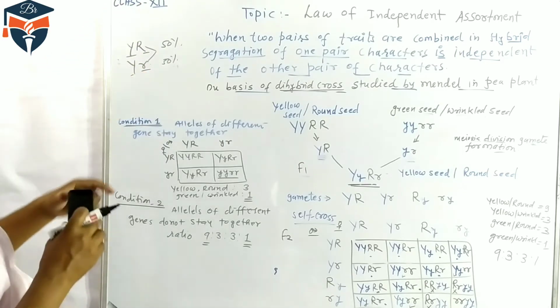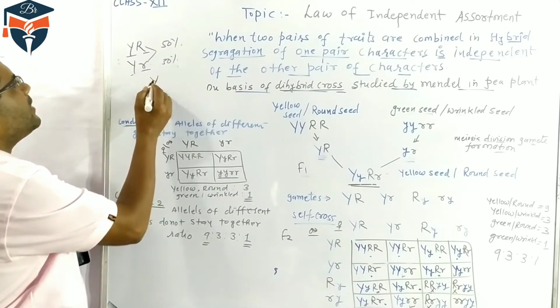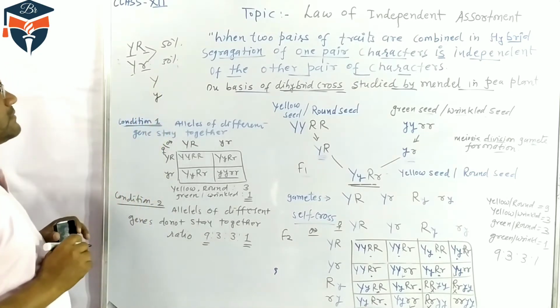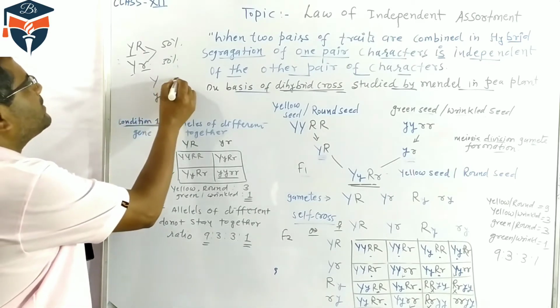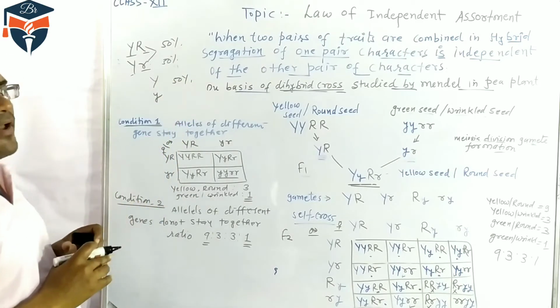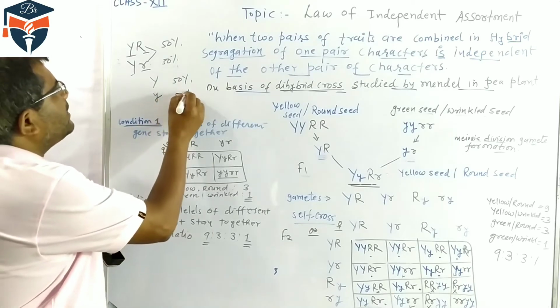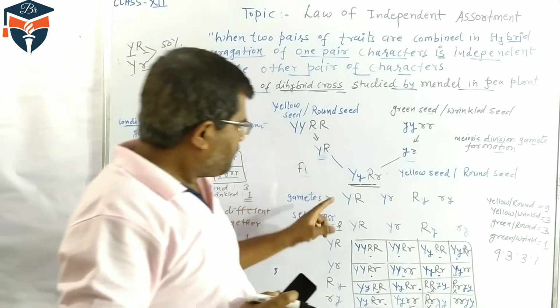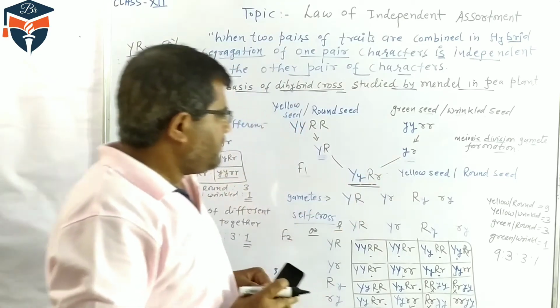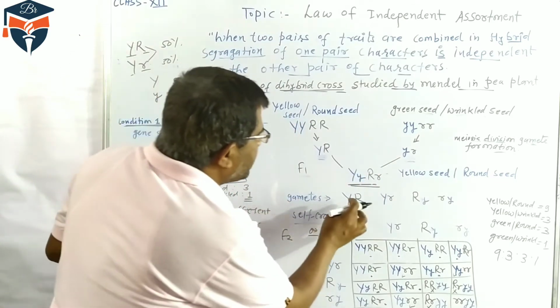Similarly, for capital Y and small y, 50% of the alleles are capital Y and 50% are small y.